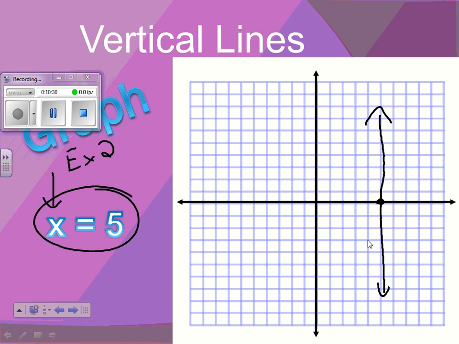You will never ever want to draw a line on the axis unless it's equal to 0. If it's equal to 0, I don't care whether it's horizontal or vertical. If it's horizontal, it'll be on the x-axis. If it's equal to 0 and it's vertical, it'll be on the y-axis. But you will never ever want to draw the line on the axis unless it's equal to 0. Okay?